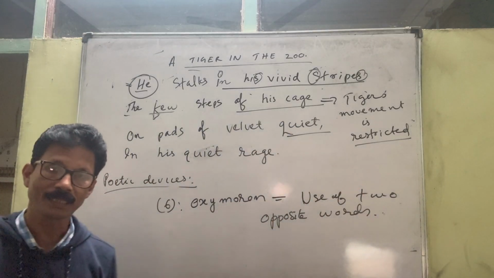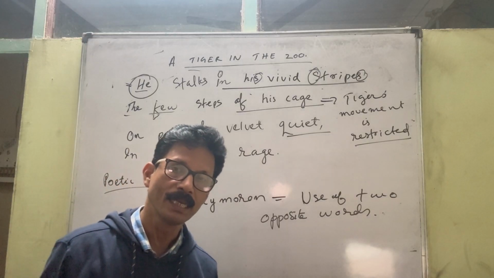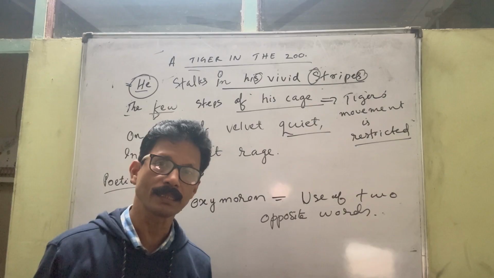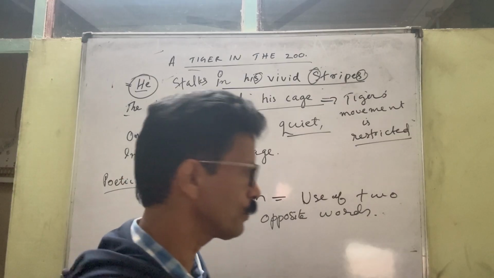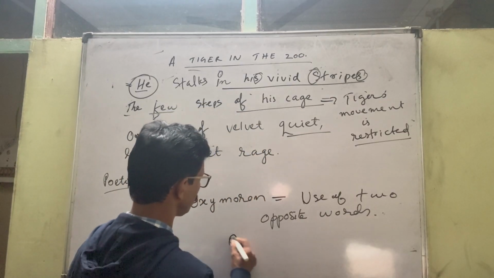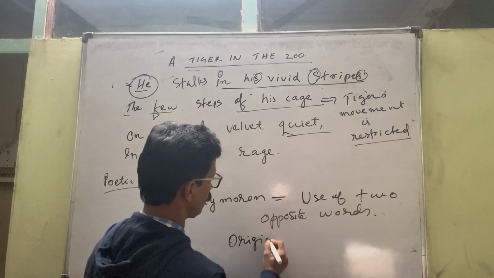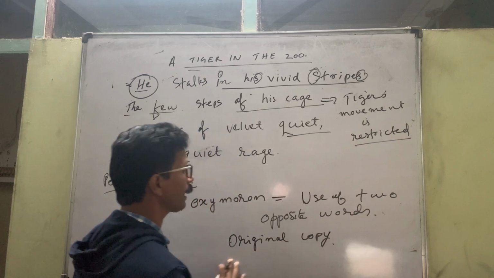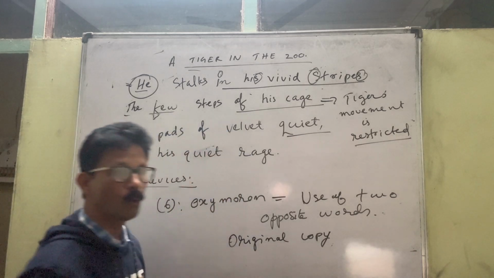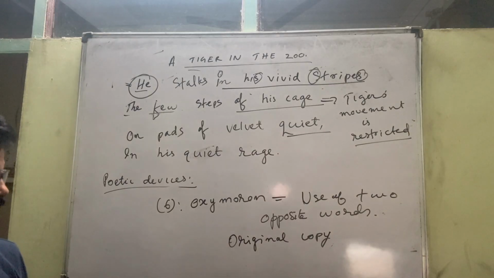The poet sometimes uses some opposite words together. You understand my point? For example, original copy. Original is one thing, and copy is something else. Understand my point? Original copy is an example.